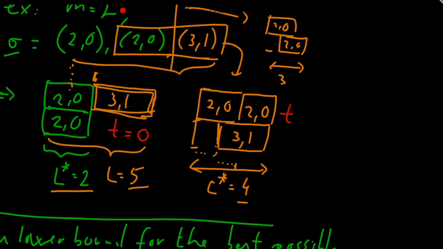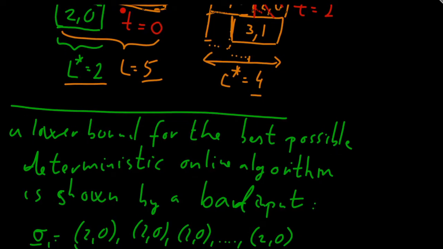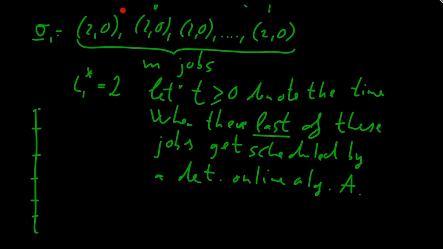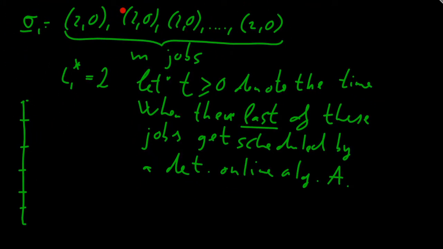Here the T is 2 because this is the second job, right? So this is the last one to be scheduled and it starts at time point 2, and here T is 1. Each of these arrangements was produced by some different, possibly online, deterministic algorithm. So here T is just a time point.